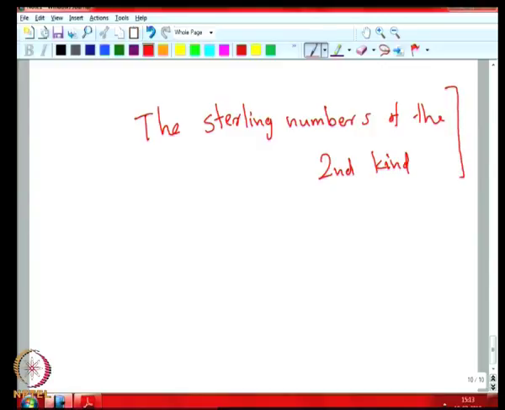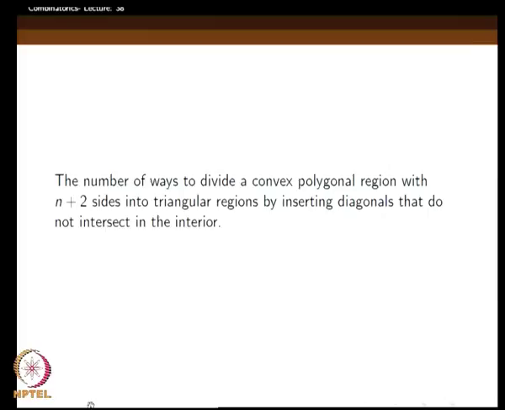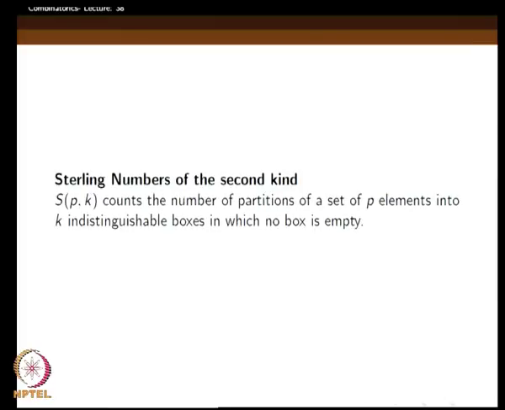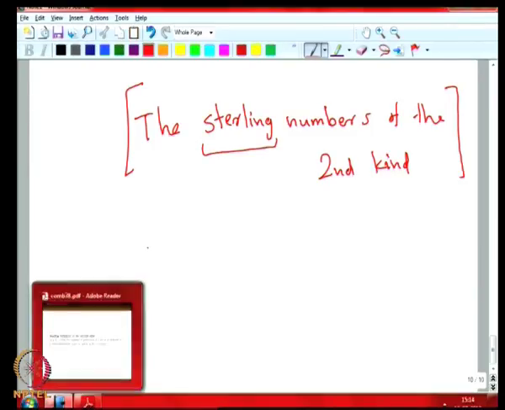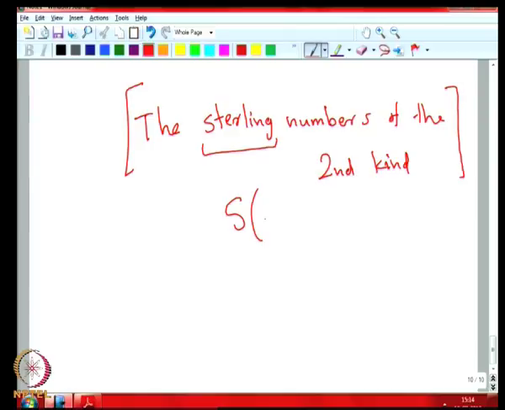Stirling is for James Stirling, and this is the way we define it. So, this counts the number of partitions of a set of P elements into K indistinguishable boxes in which no box is empty. So, we have a number called S of P comma K.